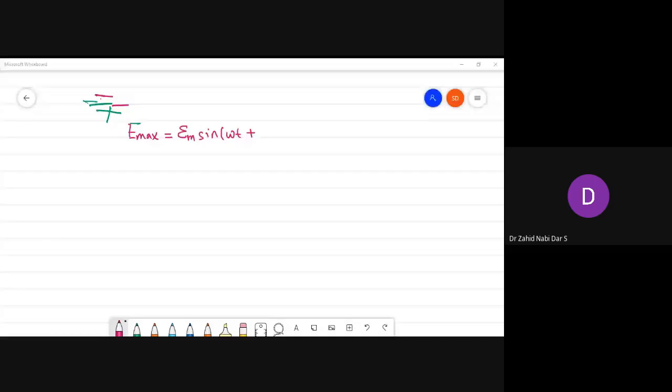Why is this board not writing? It started to write with some lag. So if I write E max is equal to E m sine omega t. Nothing is visible, sir. Wait. No problem.